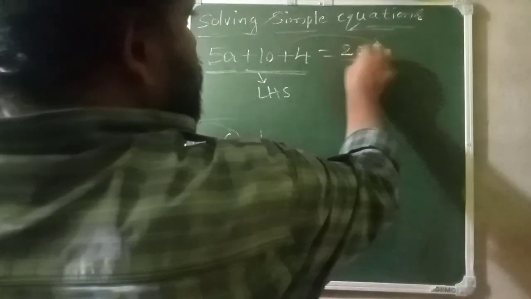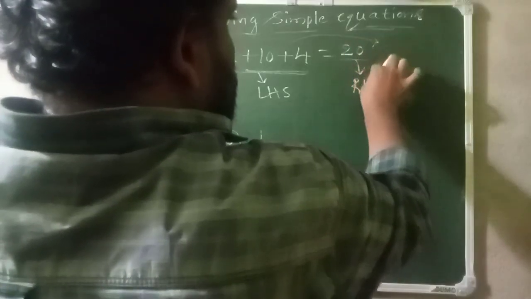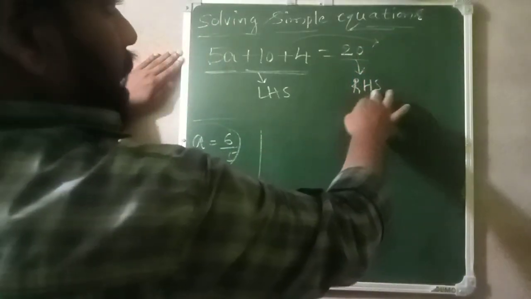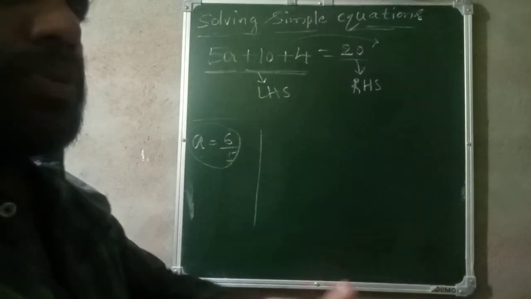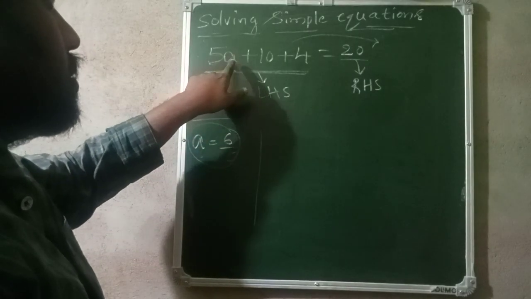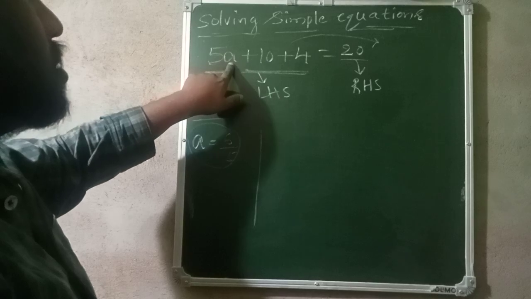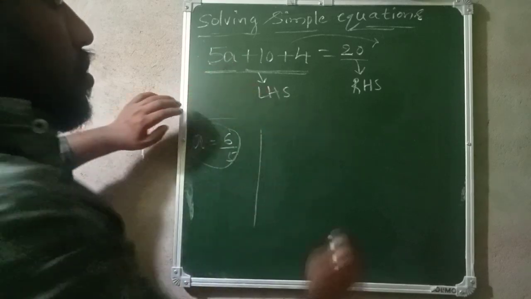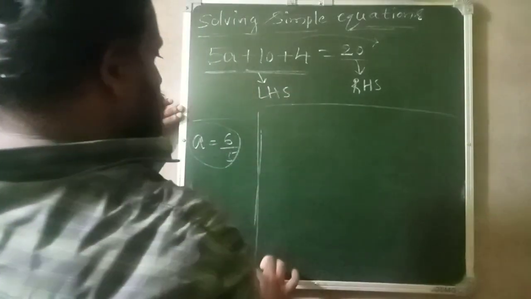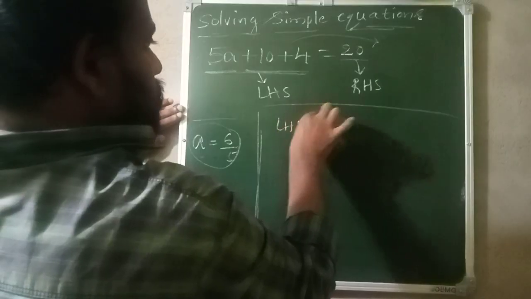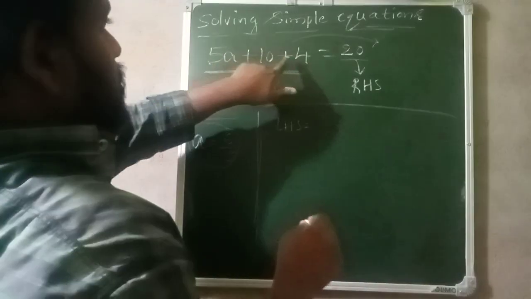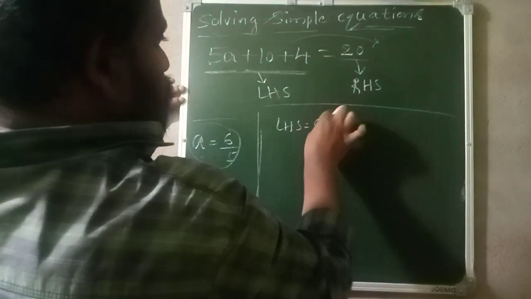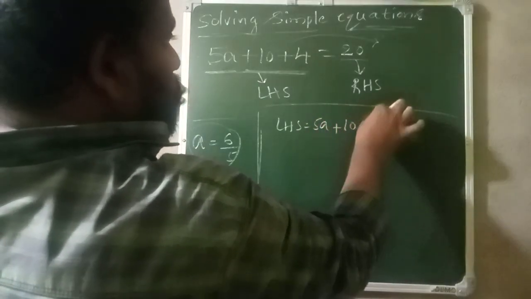After the equal sign, whatever is there, that is RHS, right hand side. The variable a is present on the LHS. So take LHS is equal to this entire thing, and write it here: 5a plus 10 plus 4.